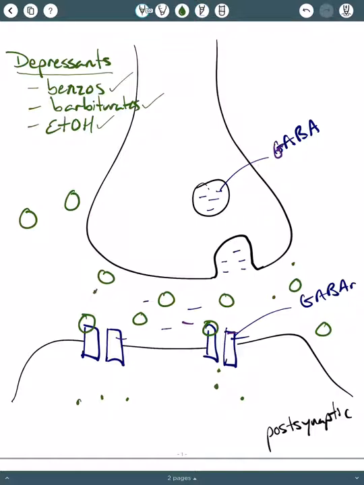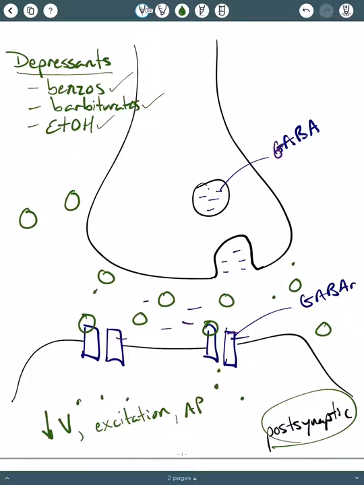What's that going to do postsynaptically? Well, it's going to decrease excitation, decrease voltage, and it's going to reduce the probability of firing an action potential. You don't get smaller action potentials, but you will get fewer action potentials when depressant drugs are there.